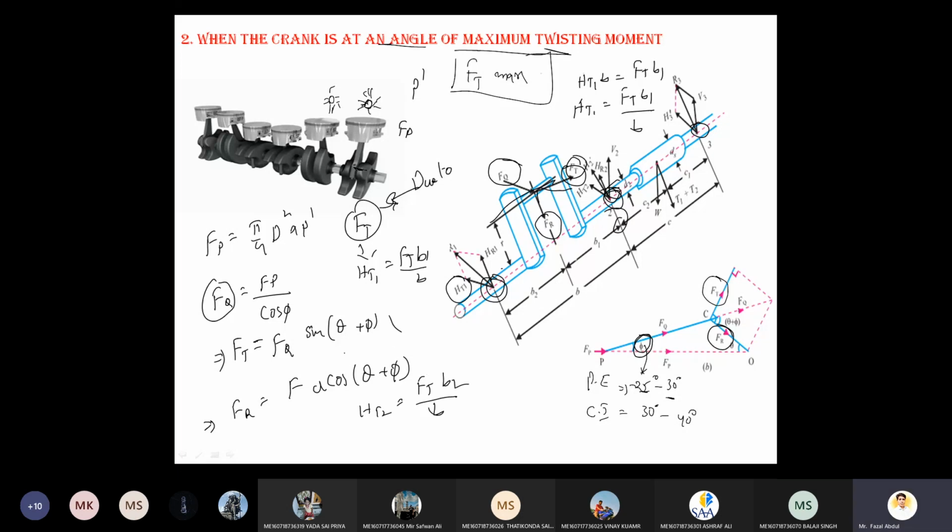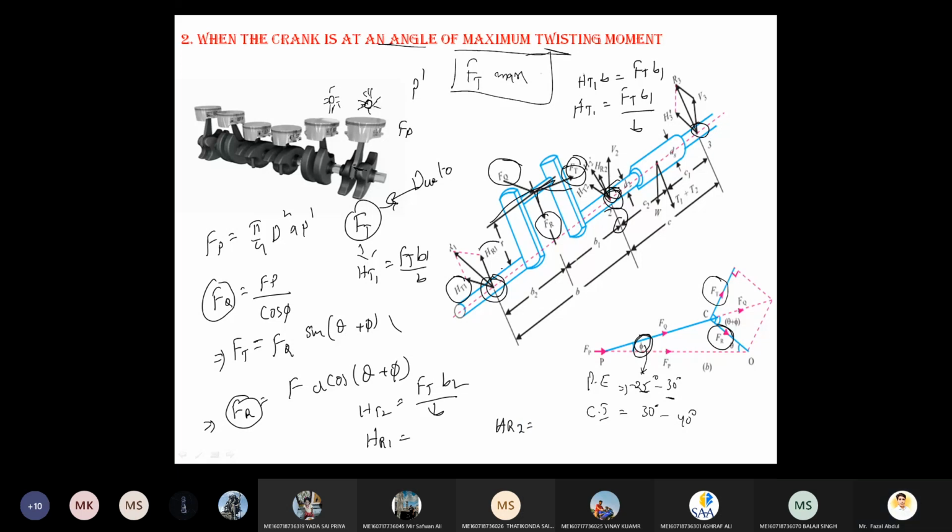And due to the radial force, there will be two reactions at bearings 1 and 2. The first one is HR1, another one is HR2. So what is HR1?